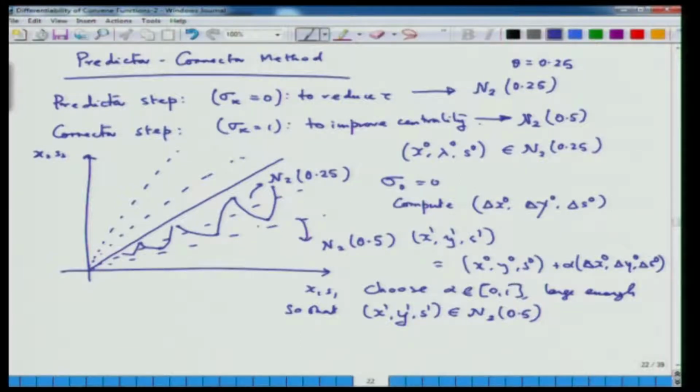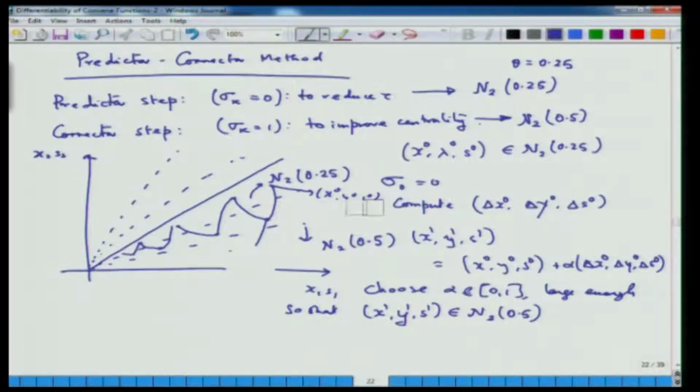Now, you must be observing in this drawing, why I am giving a curved form. So, this is my starting point x naught y naught s naught, basically this is my corresponding point x1 y1 s1, but these are actually not those points. So, this point here corresponds to the point, in this particular case, x naught 1 s naught 1, x naught 2 s naught 2.